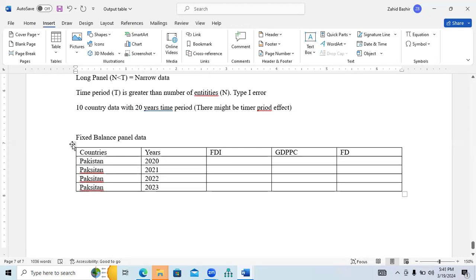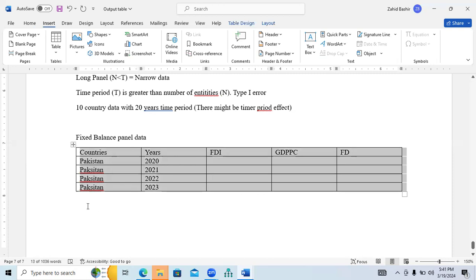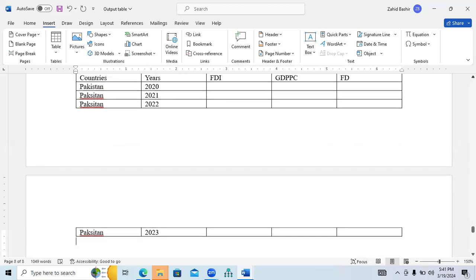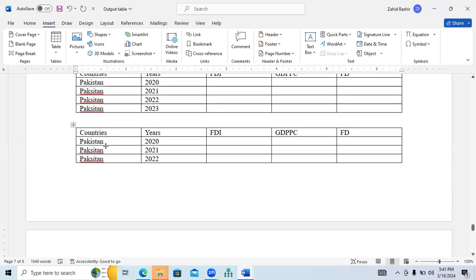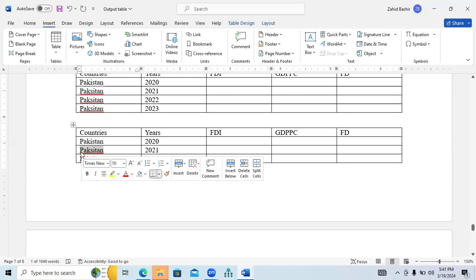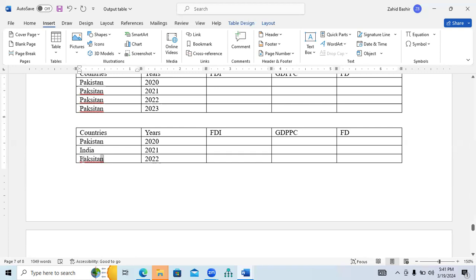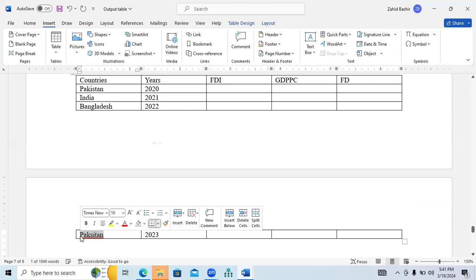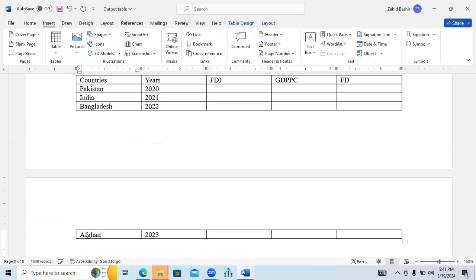But in case sometime we have a data where the entity does not repeat again. For example, we may have data for Pakistan in 2020. We may have data for India in 2021. We may have data with Bangladesh with 2022. We may have a data for Afghanistan for 2023.